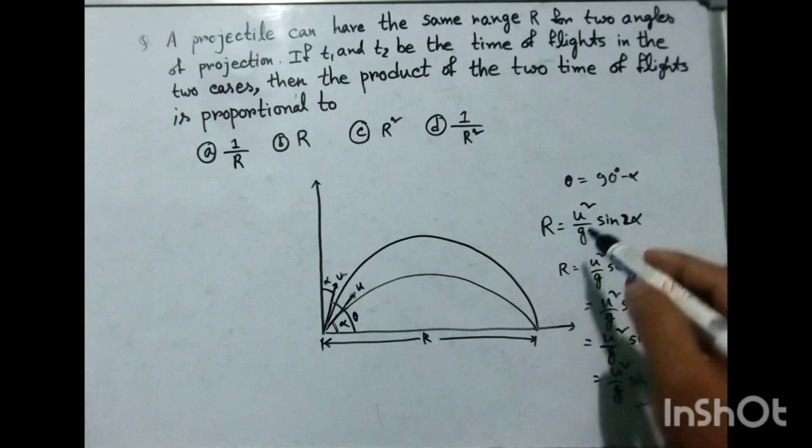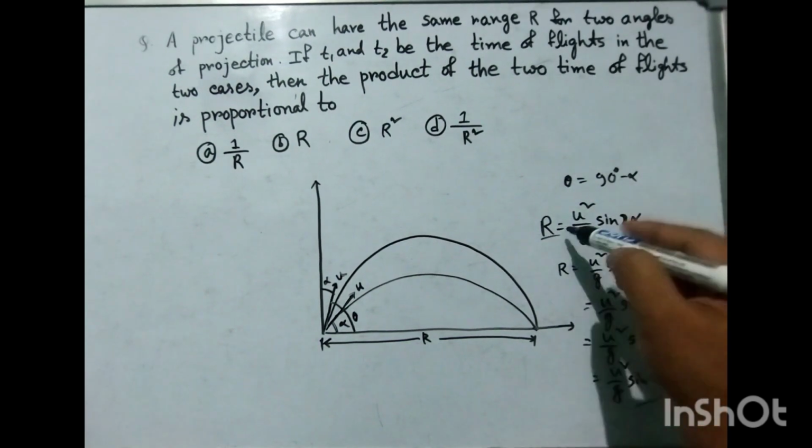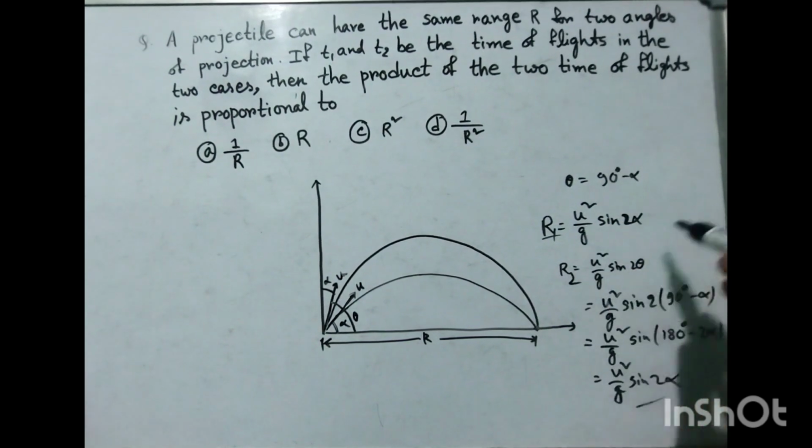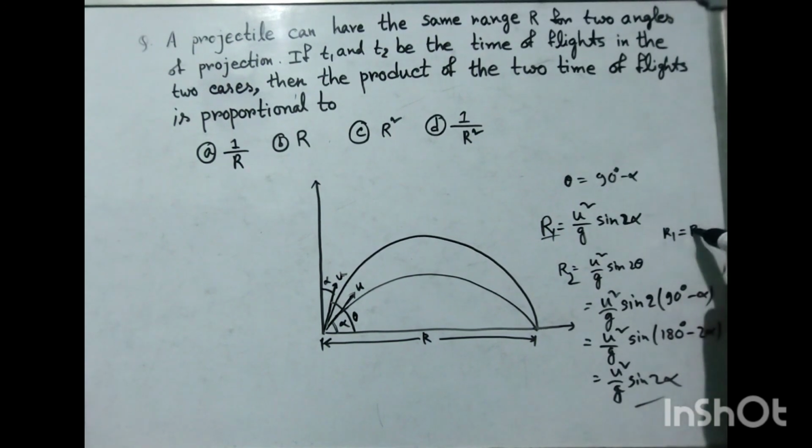So these two, suppose this is R1 and this is R2, R1 and R2 will be the same.